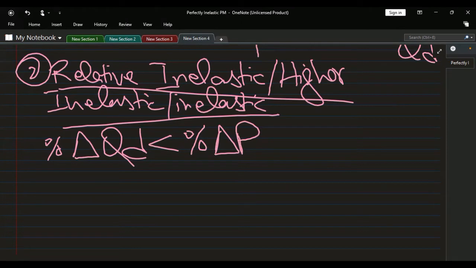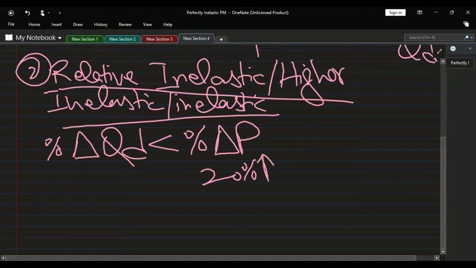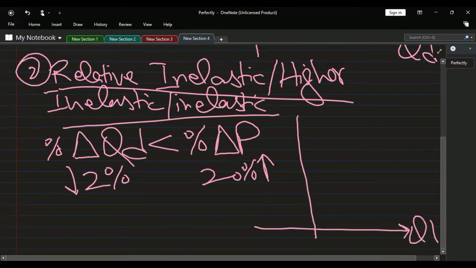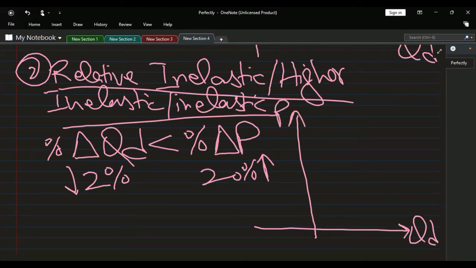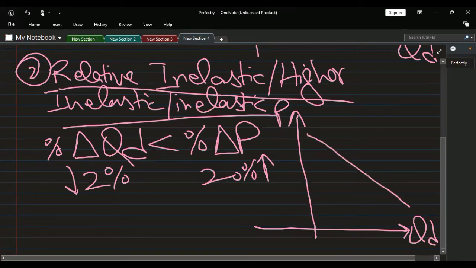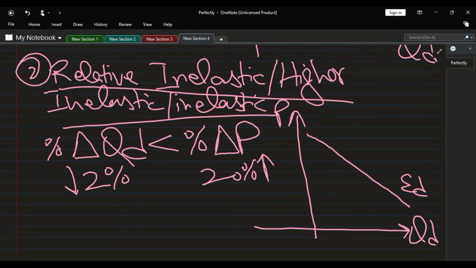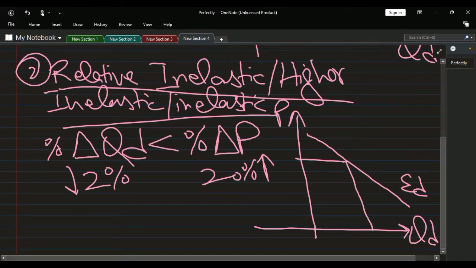For example, if there is 20% increase in the price level, there is 2% decrease in the quantity, and graphically it will be represented as a skewed curve or a flatter curve showing more change in the price as compared to quantity.